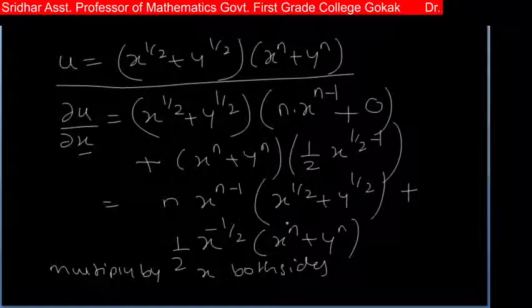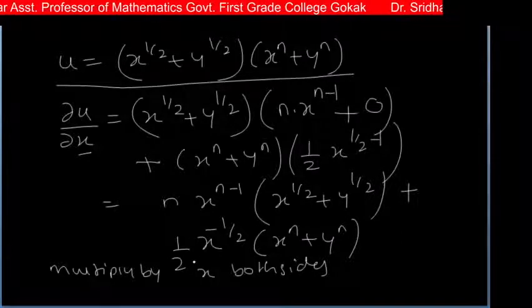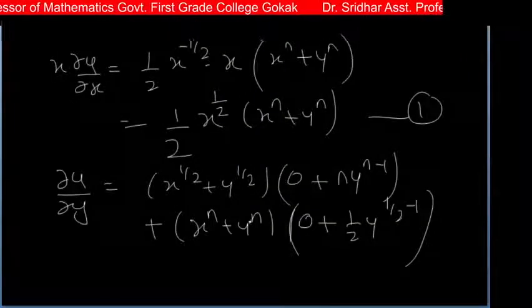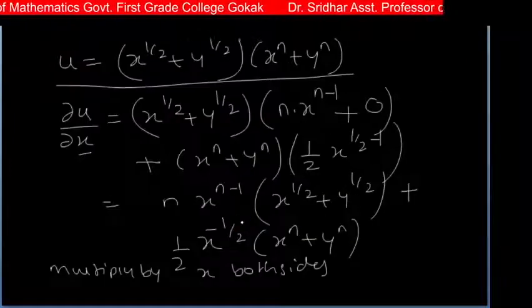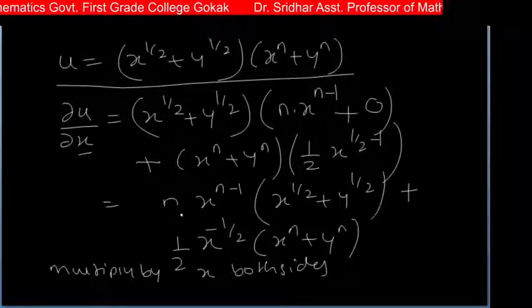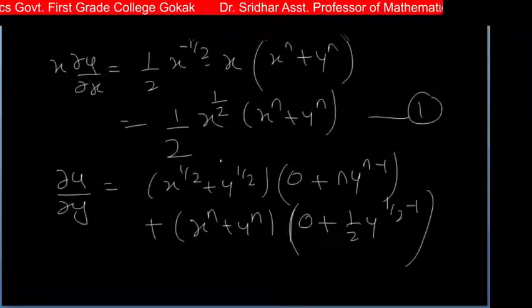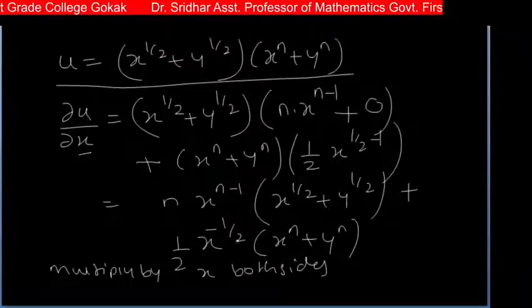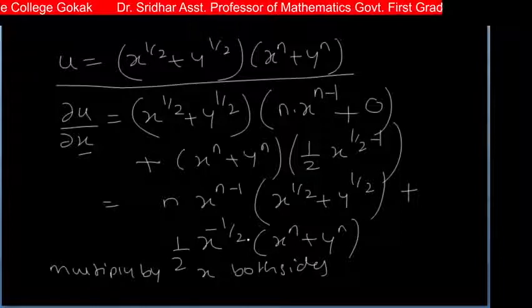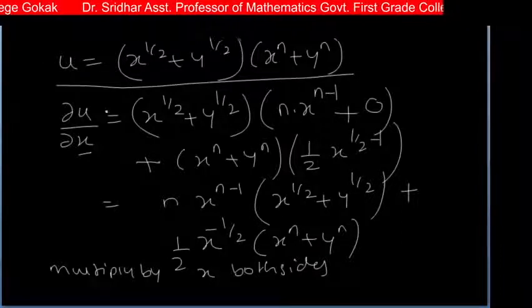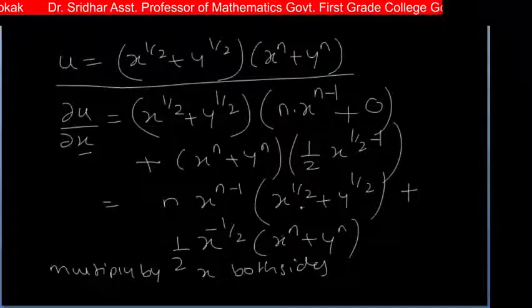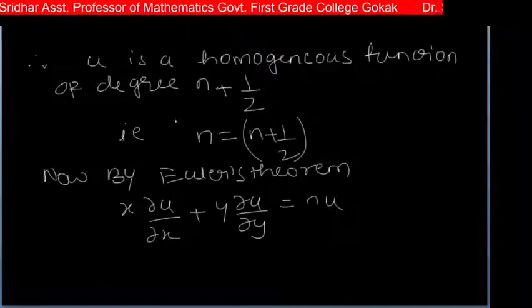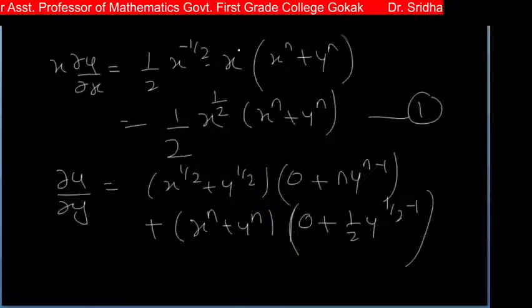Oh yes, we have this term, so we forgot to write, right? So this is of multiplying, we get n into x raised to n into x plus y raised to 1, then plus this also we have to multiply with x, because dou u by dou x contains two terms, but we have considered only one term, right?